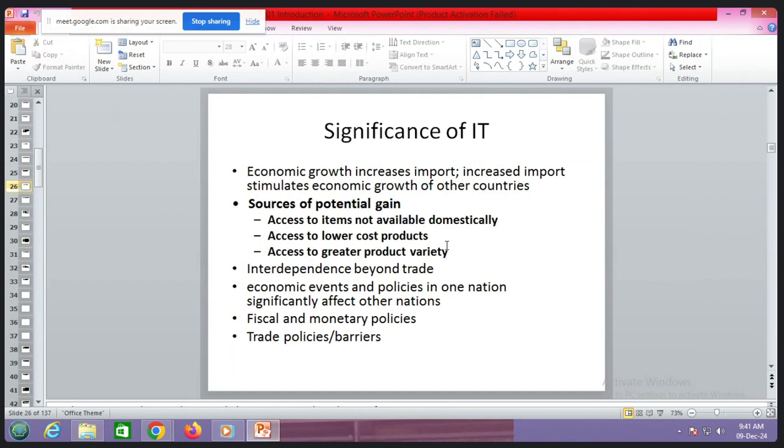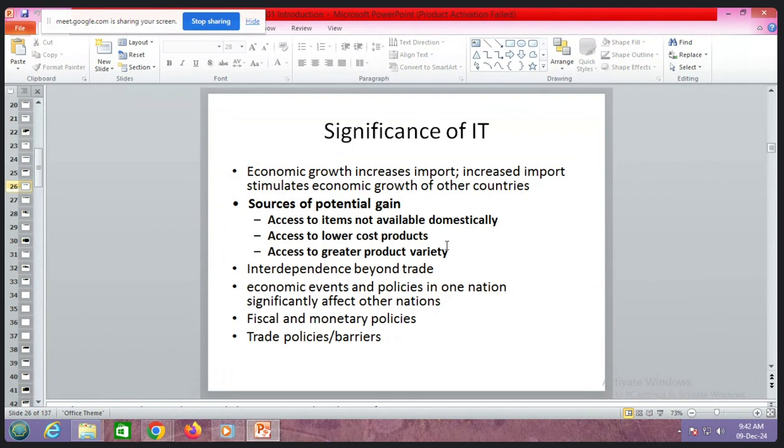The economy tries to have an expansionary monetary policy. So when there is expansionary monetary policy being followed by any economy, it is actually exporting unemployment to the other countries, because you are trying to solve your problem by making the other countries poorer. So that is exactly what we looked at when we talked about the beggar thy neighbor policy.